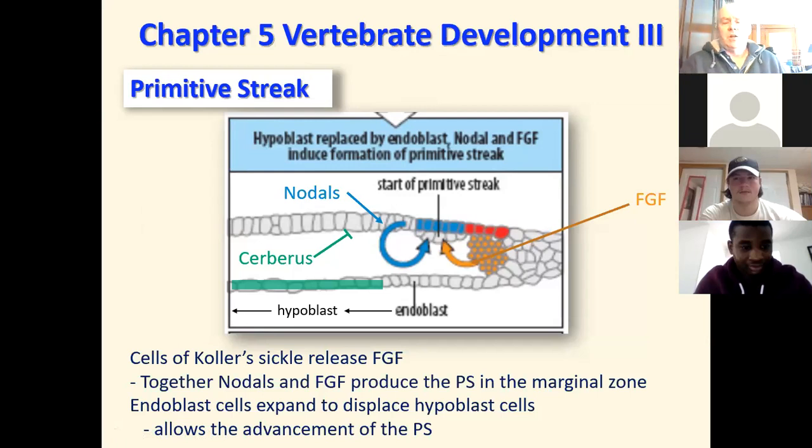FGF here, we talked about later in terms of neural induction. We also said at the later point, we say FGF turns ectoderm into neuroectoderm. At this point, the ectoderm is not competent to respond to FGF in that way because the chromatin is all bound up. And we'll talk about that later when we get there, but keep that in mind.